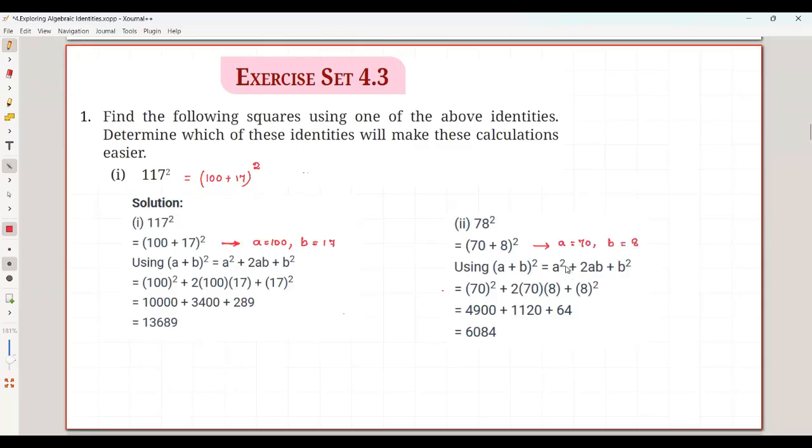Substitute: 70 square, 7 square is 49, so 4,900, plus 2 sevens are 14, 14 into 8 is 112, so 1,120, plus 8 square is 64. If you add, the final answer is 6,084.